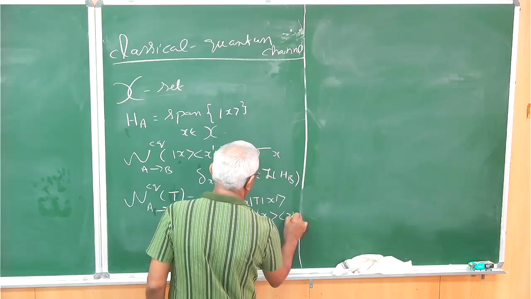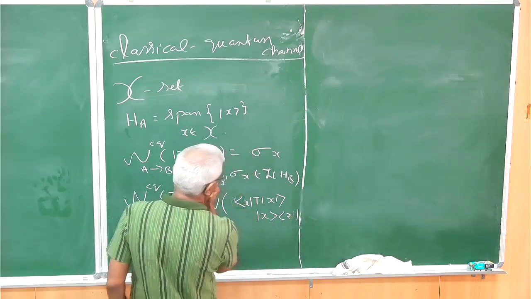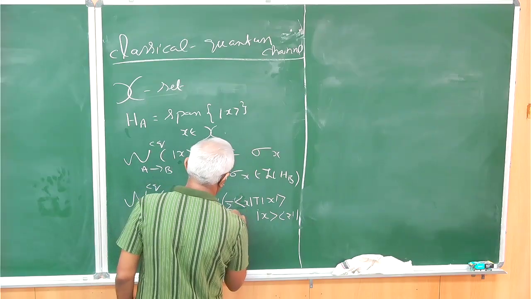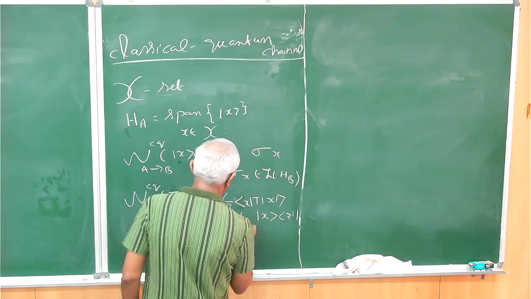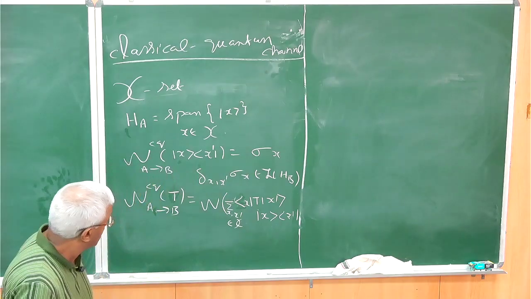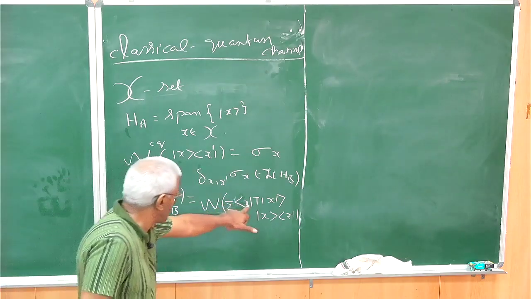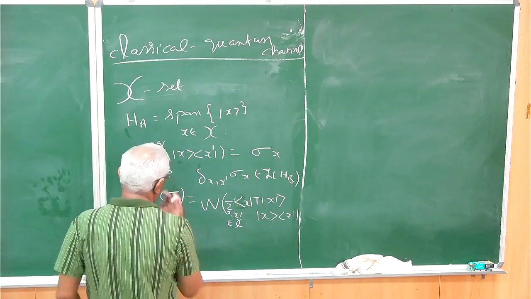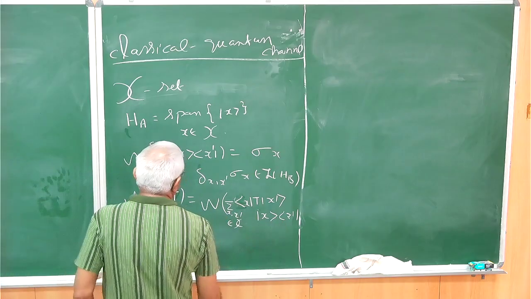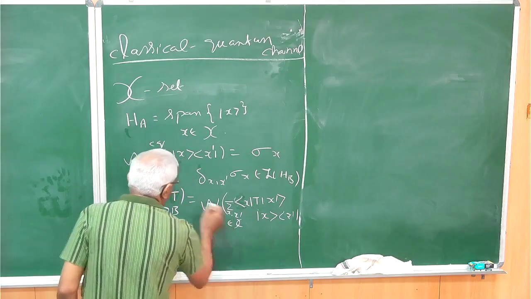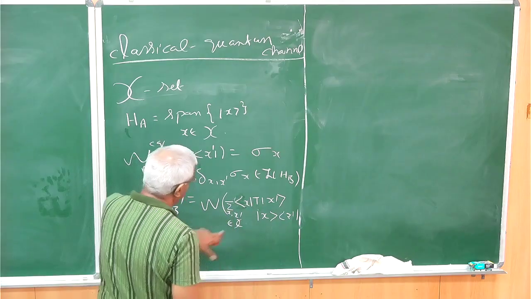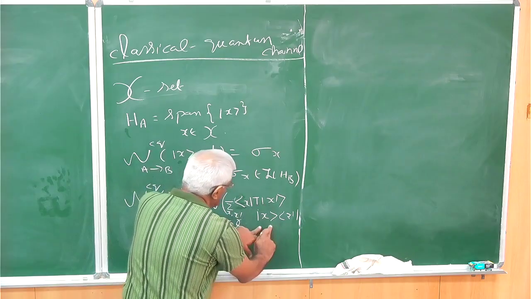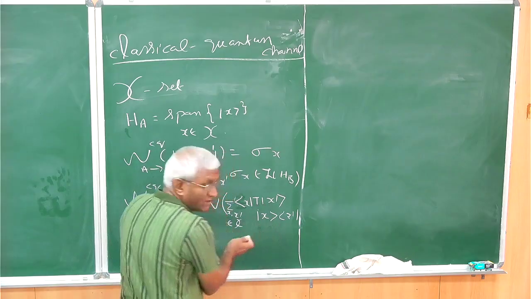Is that right? What I have written? Summation over x. Correct, right? This is how it will look. This is the matrix entry, and there are the partial isometries, the matrix units. So you can take the summation out, and N acting on this only, you will get a nonzero result when x equals x prime.